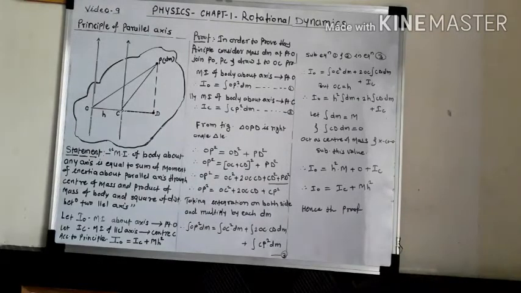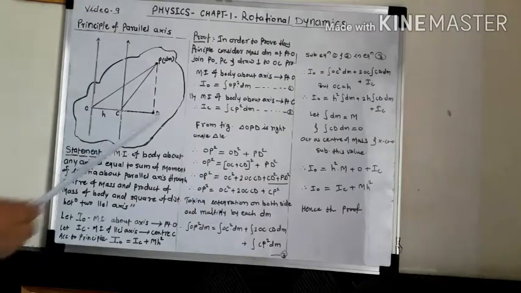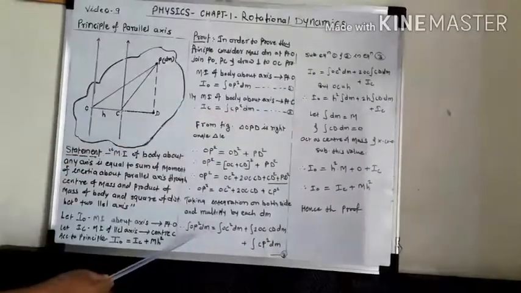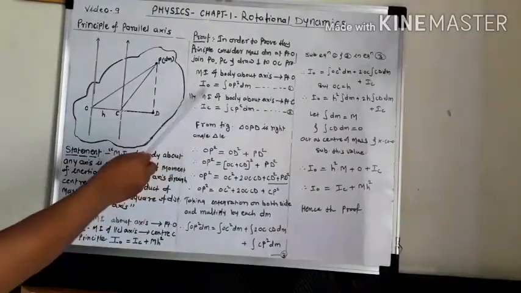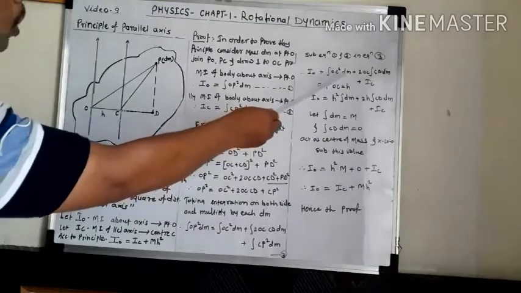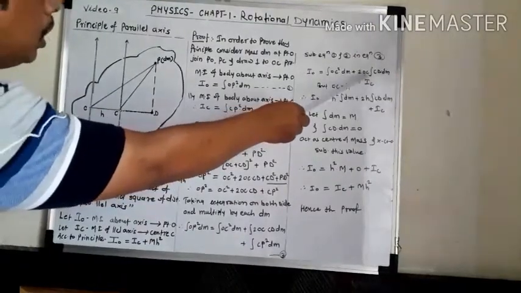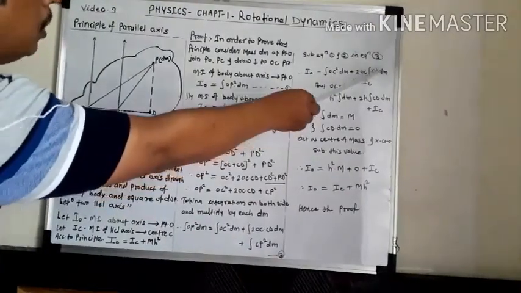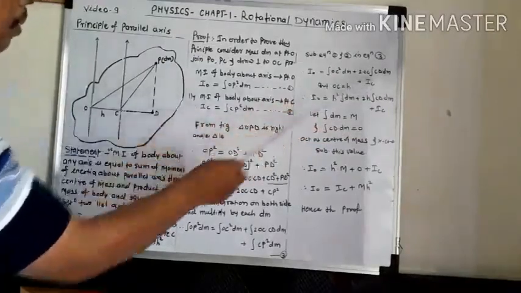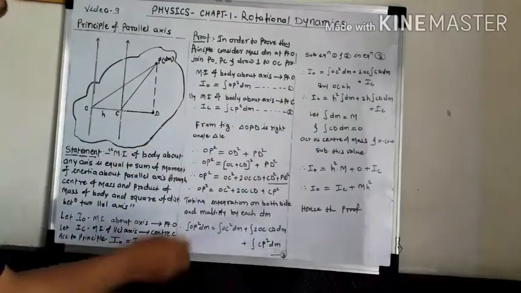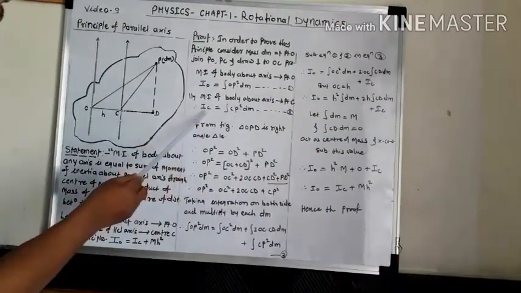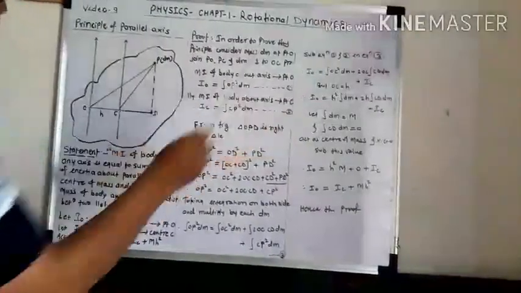Substituting equations 1 and 2 in equation 3, we get IO instead of OP square dm, then OC square dm plus twice OC, this is the constant, then integration of CD into dm and plus IC, because you know that CP square dm is equal to IC.